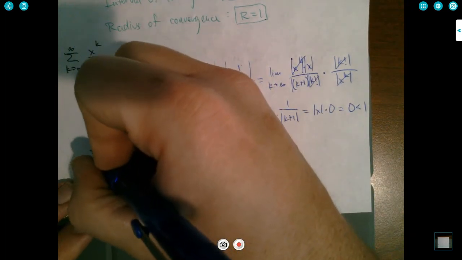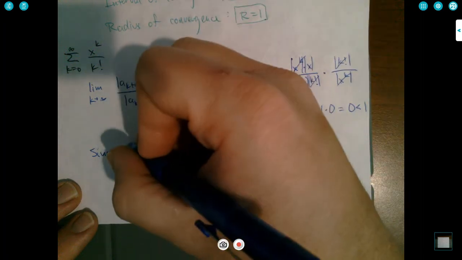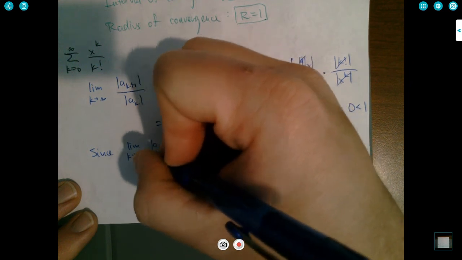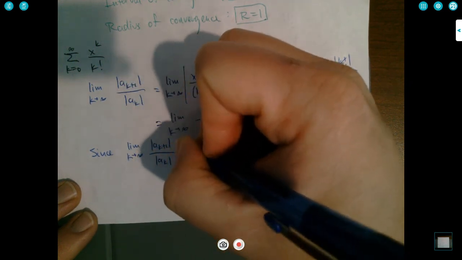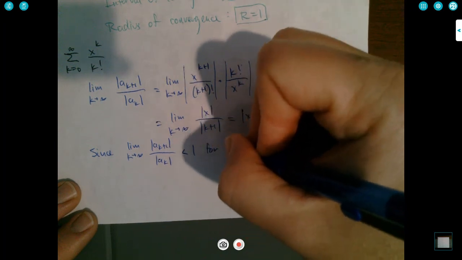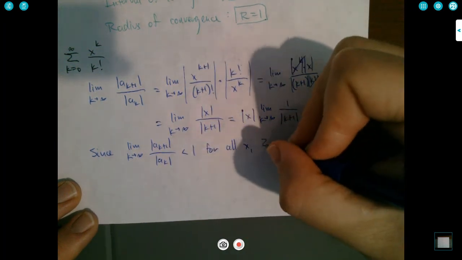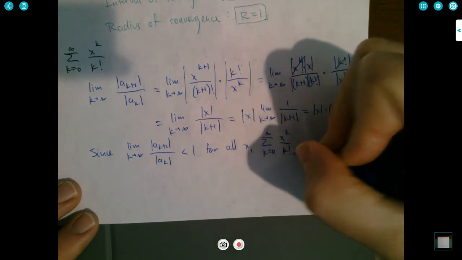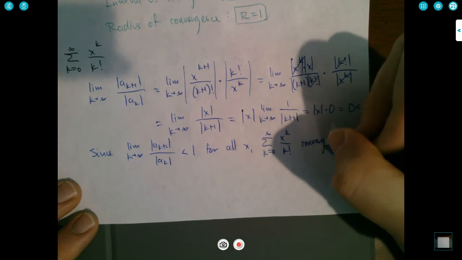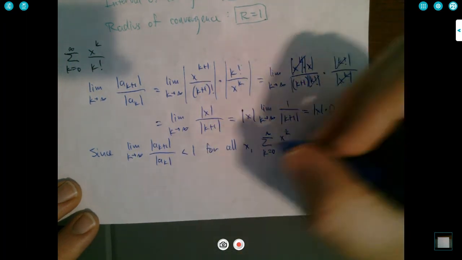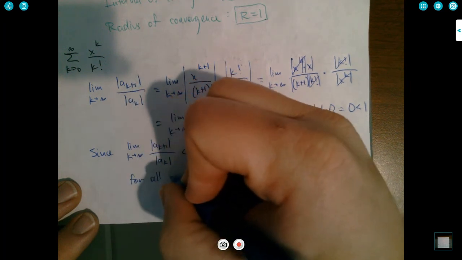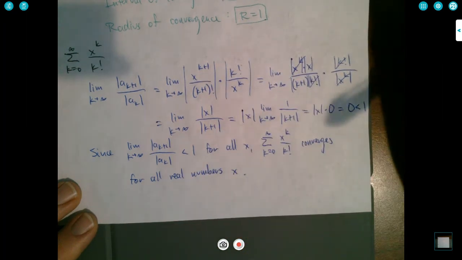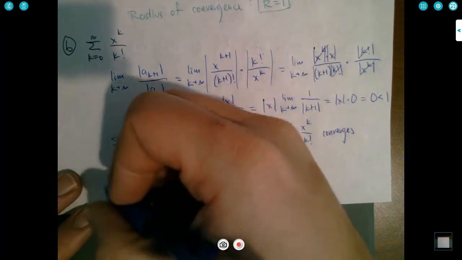So we can say, since the limit as k approaches infinity of a_(k+1) over a_k is less than 1 for all x, the series converges for all real numbers x.